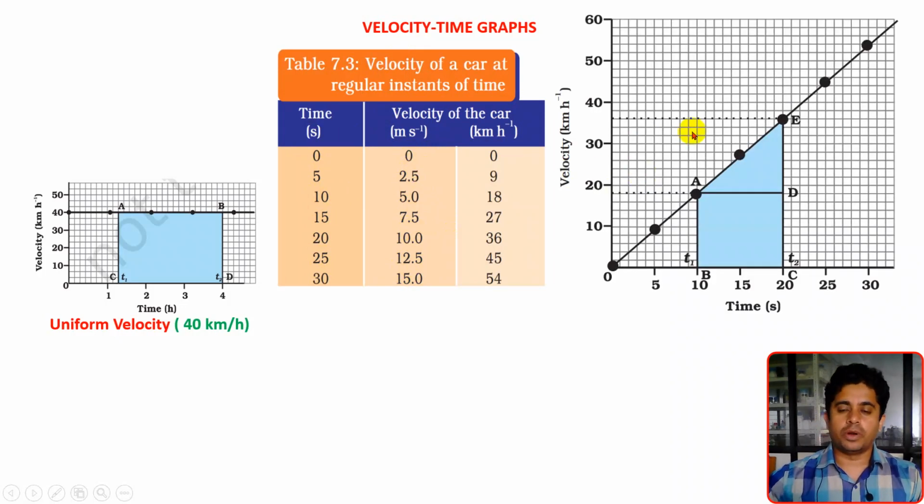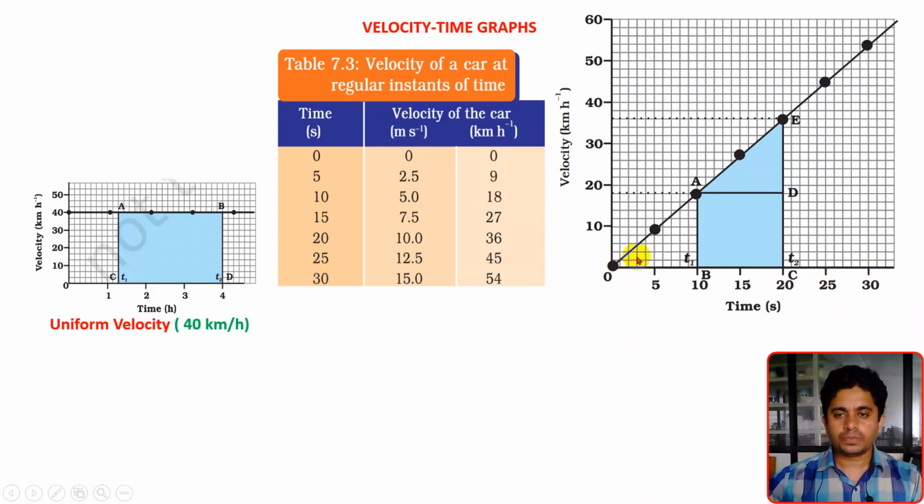Same thing if you plot graphically: when time is 0, velocity is 0, for time 5, velocity is 9, for 10 it is 18, for 15 it is 27, for 20 it is 36, for 25 it is 45, and for 30 it is 54.